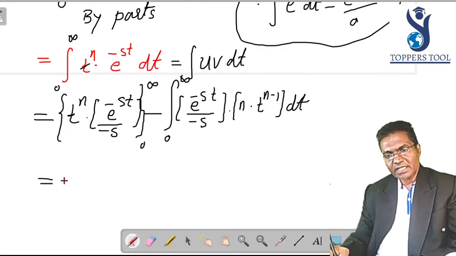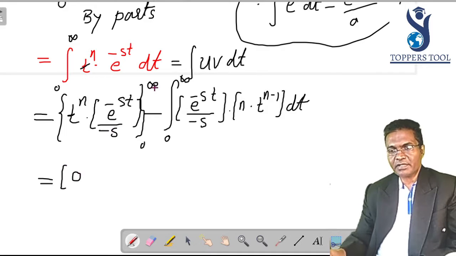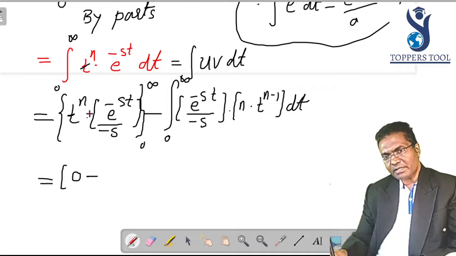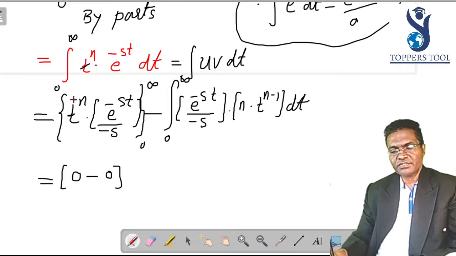Similarly, if you put lower limit t as 0, this term is going to be 0. So this entire first part is going to be 0.